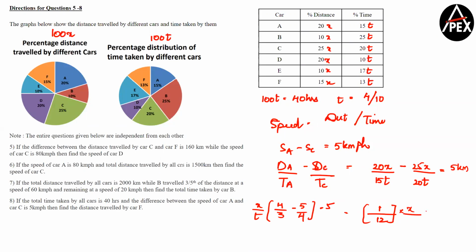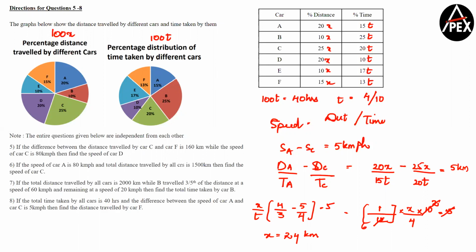We got t as 4 by 10. So if I put 4 by 10, it will be 10 by 4, which is equal to 5. Yes, 5 ones are 5, twos are 2, 6. So x is equal to 24 kilometers. x is equal to 24 kilometers.